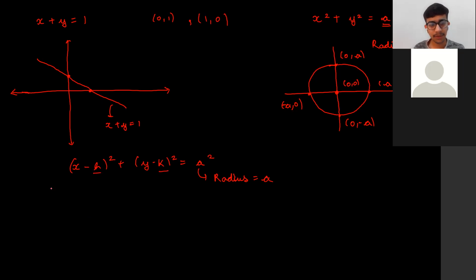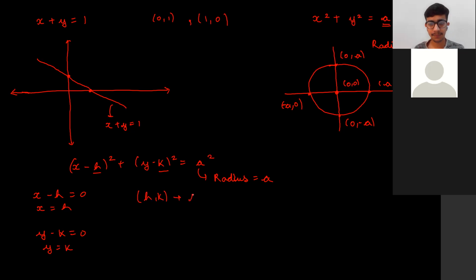In order to calculate the center, we just equate x minus h to 0 and y minus k to 0. So from here we get x is equal to h and y is equal to k. So that means h comma k is the center of the circle, and of course the radius is a.